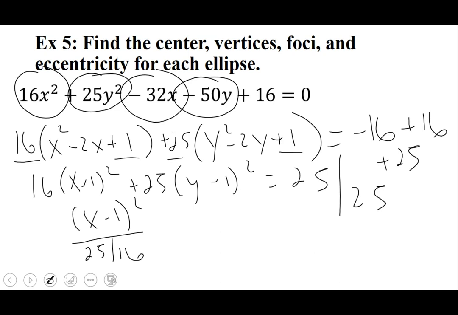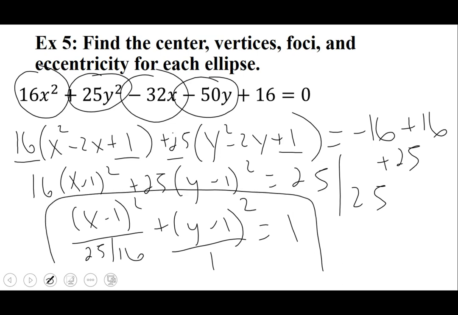If you did the keep, change, flip, that's how you would get 16 divided by 25. But because of what you want to solve for, it's actually easier to leave it in the denominator as 25/16. A little bit easier on the y values because the 25s cancel and you're just left with 1, giving you an equation of (x minus 1) squared over 25/16 plus (y minus 1) squared over 1 equals 1.